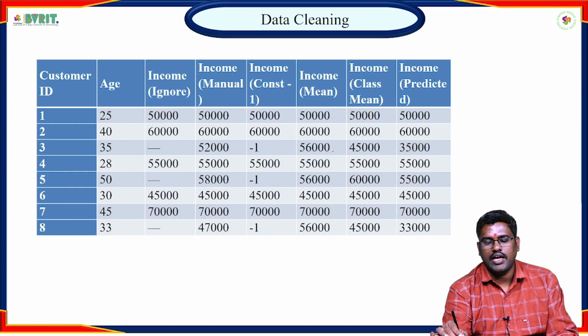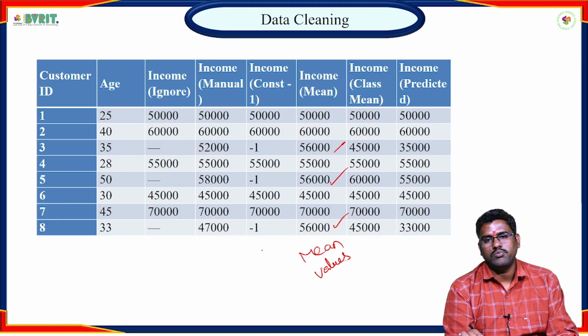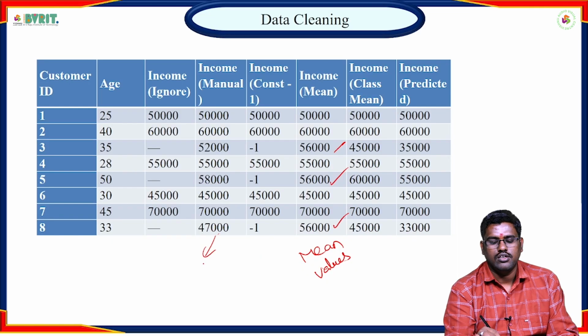We already calculated this 56,000 by calculating the mean, 56, 56 and 56. These all are the mean value calculation. These all are replaced with mean, -1, and these all are assumption values. Then those values will be replaced with -1.